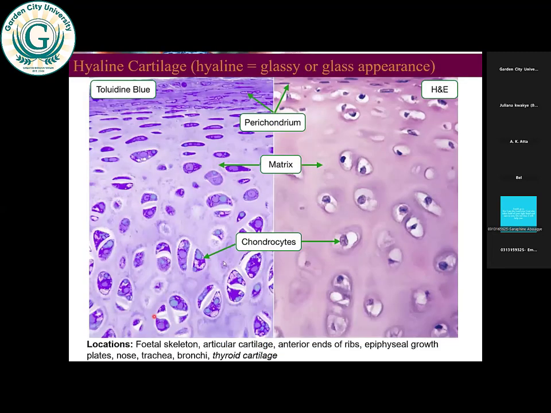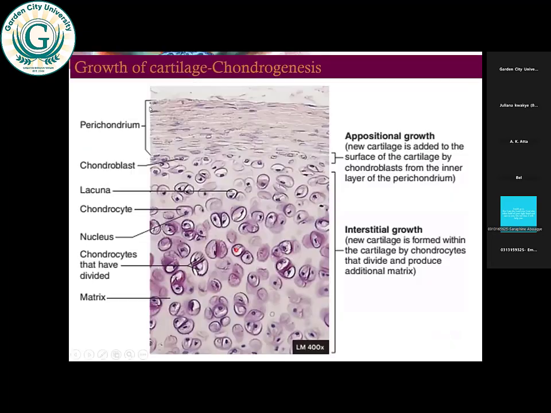So this one here is just about how cartilages grow. Within the perichondrium, we said that the stem cells are there. So when cartilages are growing, they grow from the surface because the stem cells there will differentiate to chondroblasts. As they divide and secrete more matrix, they will be growing from what? From the outside.